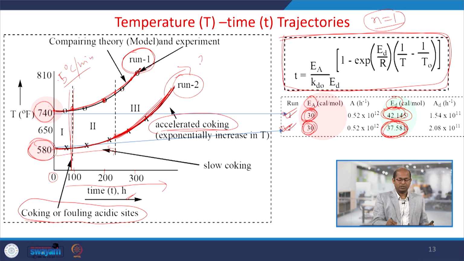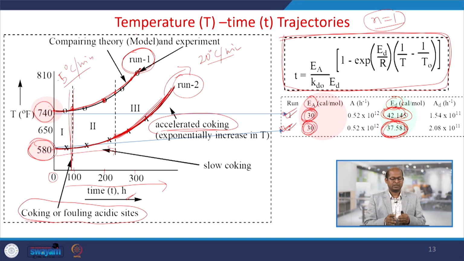So, here maybe 20 degrees centigrade per minute, that way we have to increase the temperature in the catalyst bed. So, that analysis was done based on one experiment that was conducted to understand the temperature and time trajectories, and based on that they developed some models. This is basically model theory and experiment: from the experimental data they built the model and fitted it with the experimental observations, and that model fitted very well.